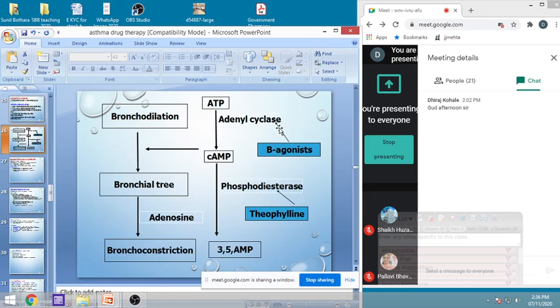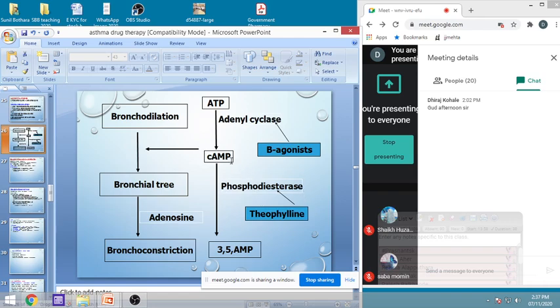This is the mechanism. We know that beta agonists cause formation or activation of adenylate cyclase, which converts ATP to cyclic AMP. This cyclic AMP is broken down into 5'-AMP by the phosphodiesterase enzyme, and theophylline will be blocking this.